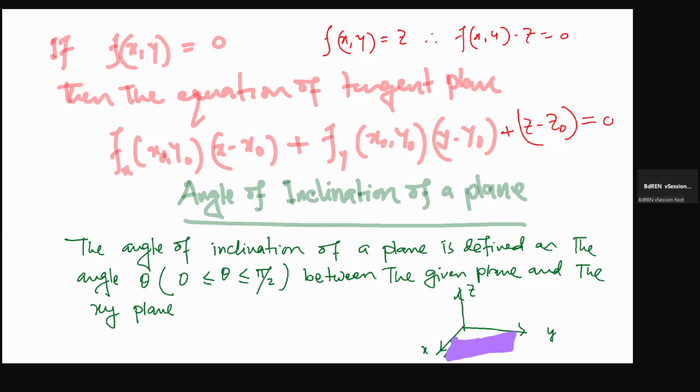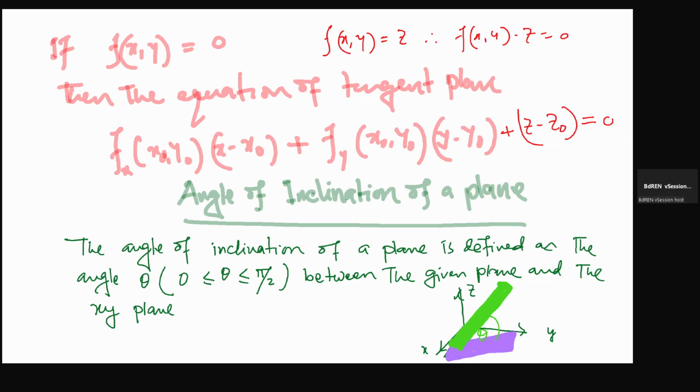Now another plane, if we take, let's say that is another plane. We will determine the angle between them. This angle is denoted by theta.